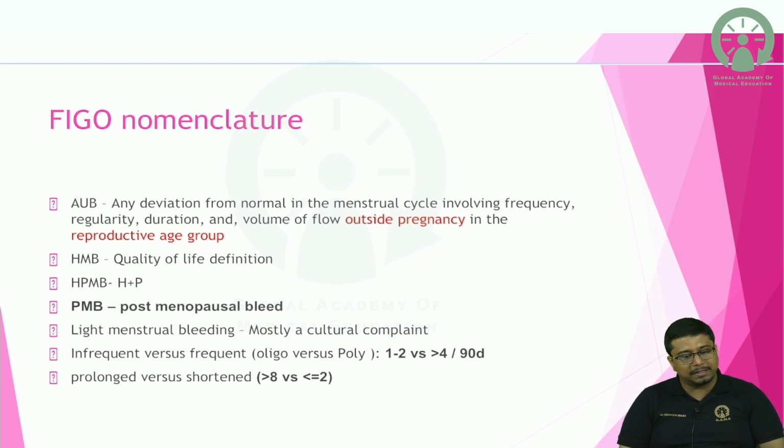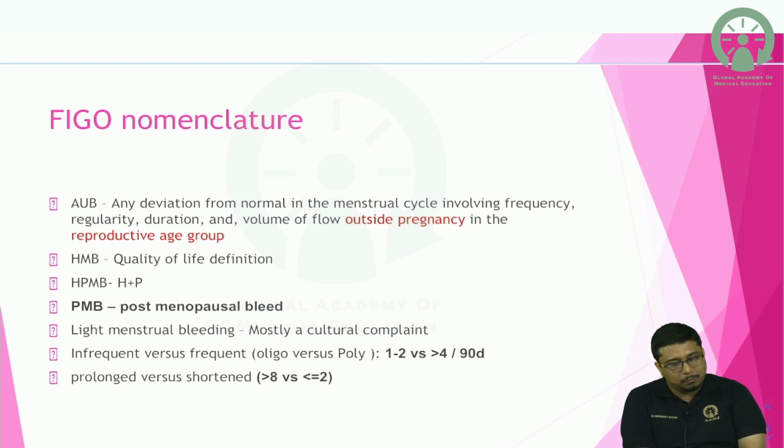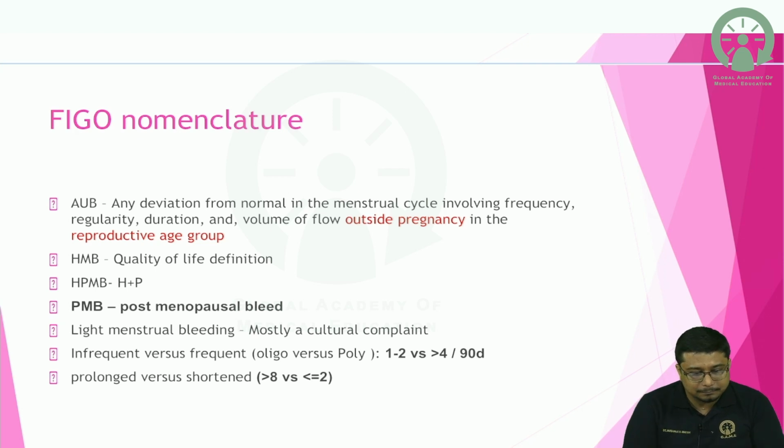Prolonged menstrual bleeding is bleeding for more than 7 days. PMB is postmenopausal bleeding, and that's different. HPMB is heavy and prolonged menstrual bleeding. So basically, AUB, abnormal uterine bleeding, is the broad classification, which means any bleeding in the reproductive age group outside of pregnancy.